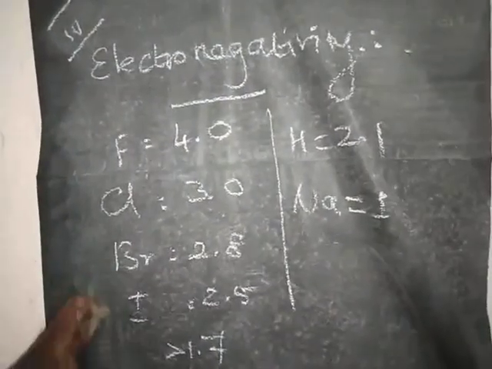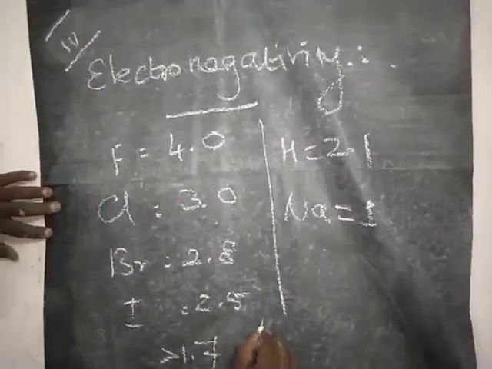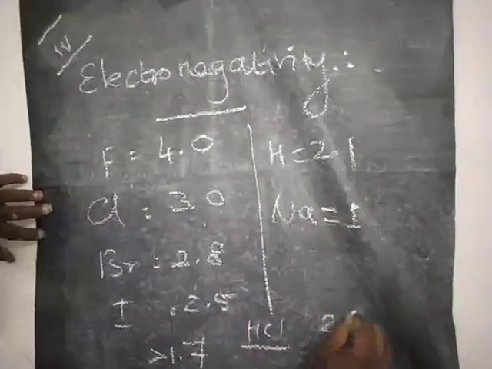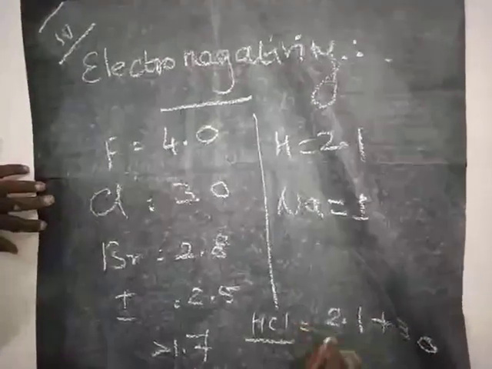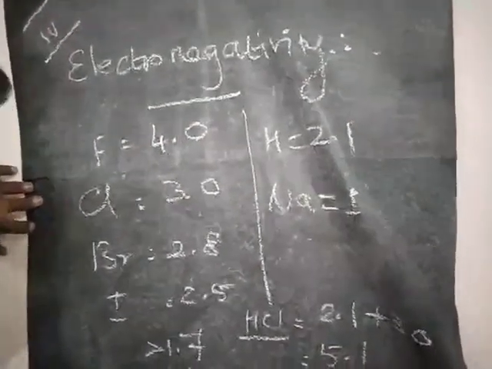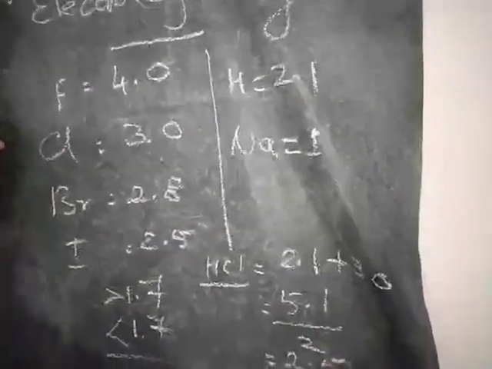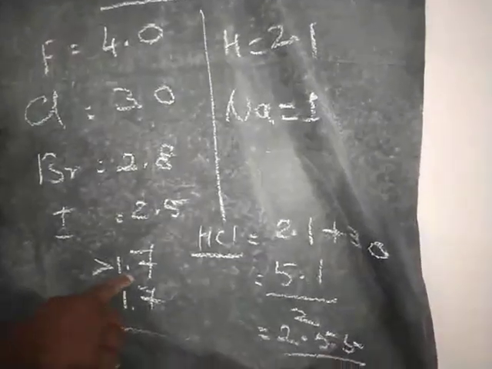For example, we will calculate for hydrogen and chlorine. Hydrogen is 2.1, chlorine is 3.0. So the difference is 5.1 divided by 2, which is 2.5.